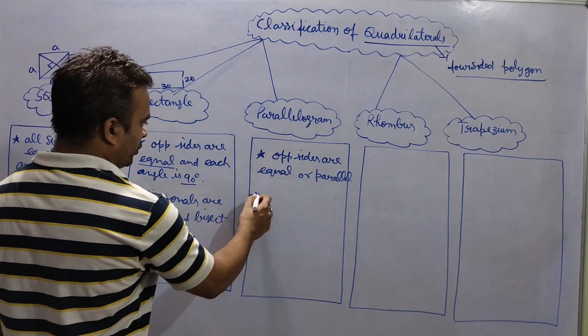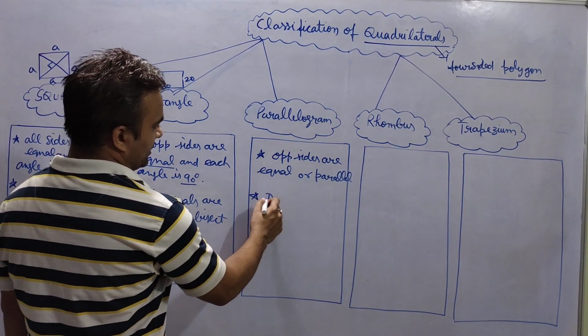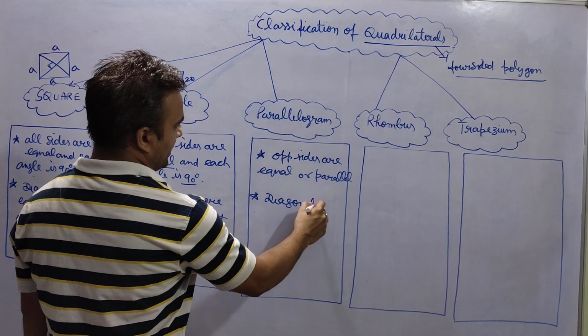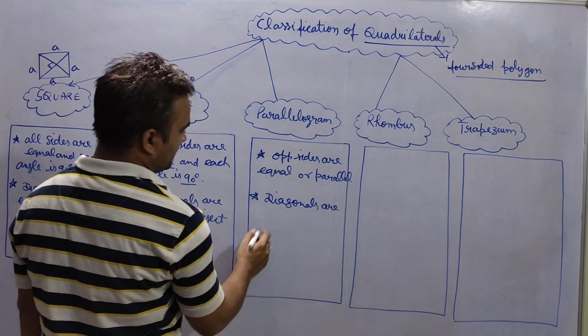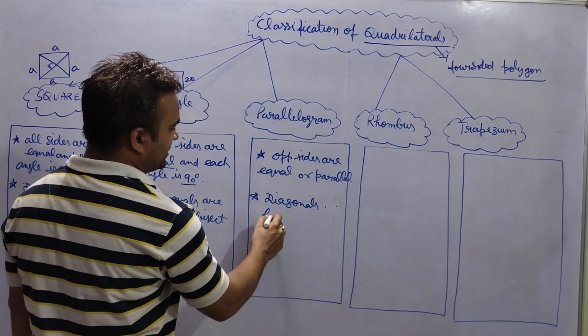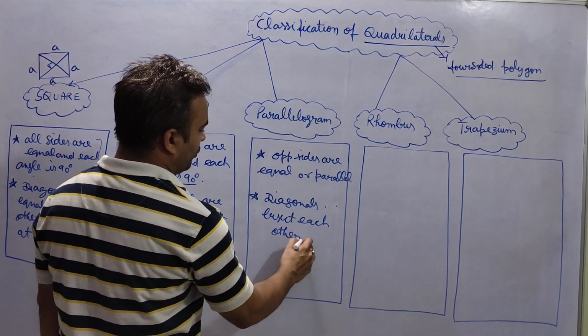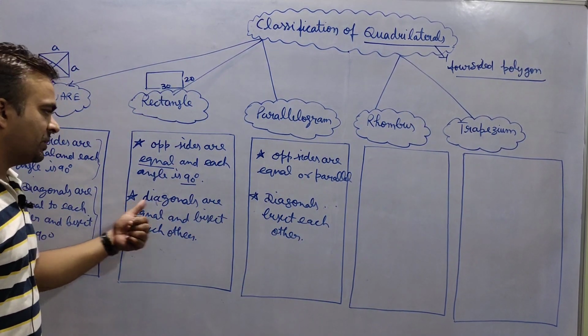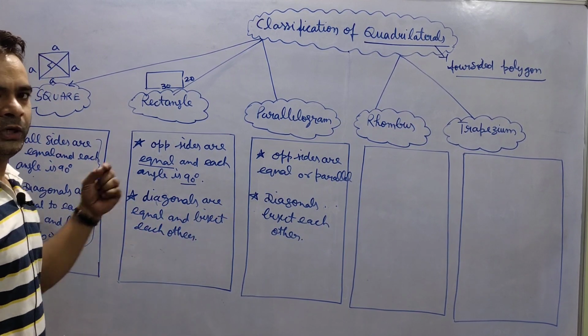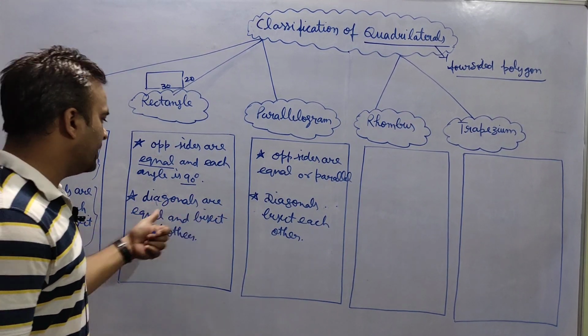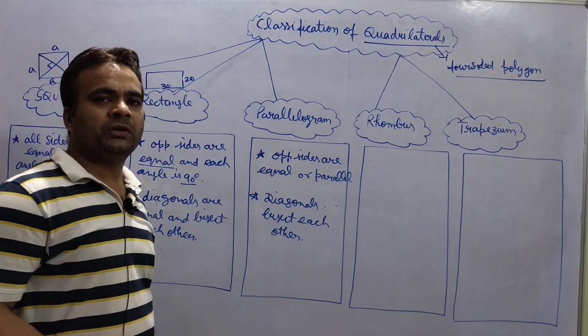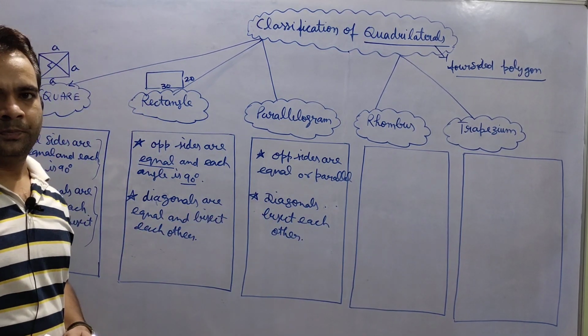And the other thing you can say is that diagonals bisect each other. Now again in this second condition we have reduced one particular part. What? Diagonals are equal, but here there is no need that diagonals are equal.